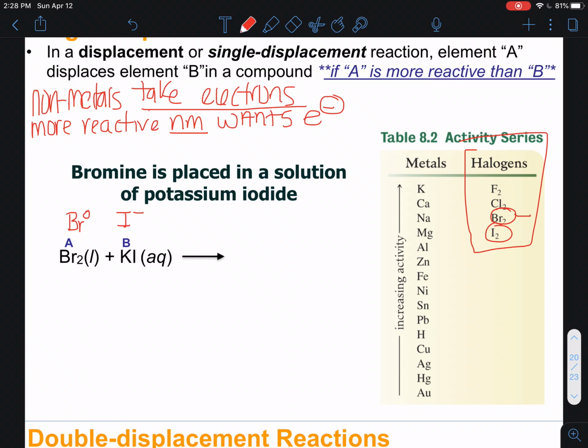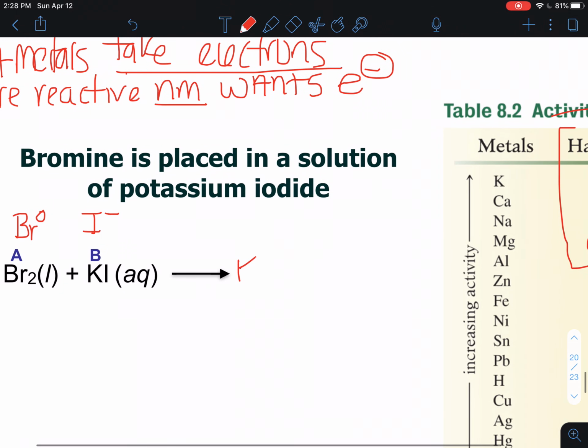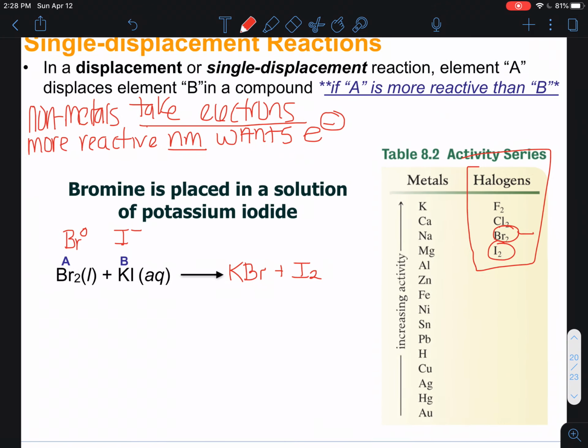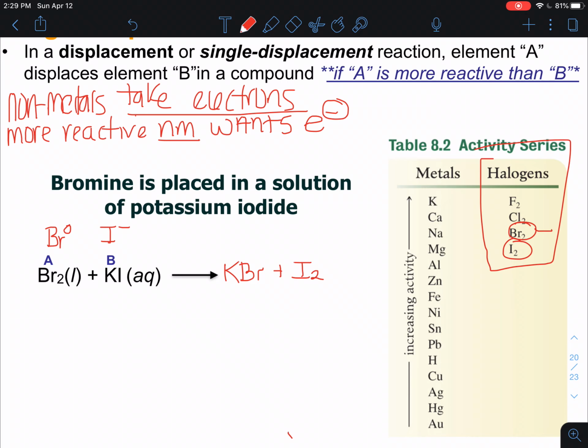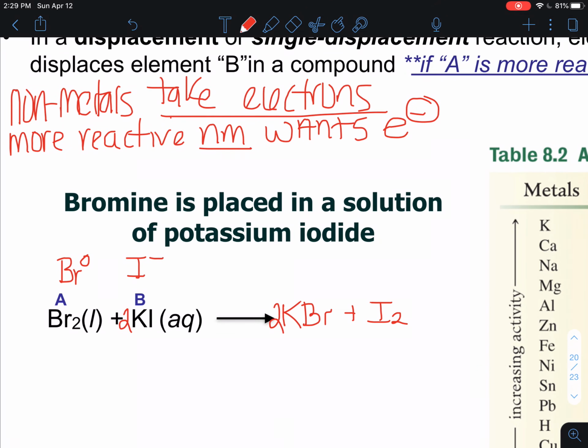So we end up having K. If I did a 2 here, fine, I'll balance it. 2 KBr.